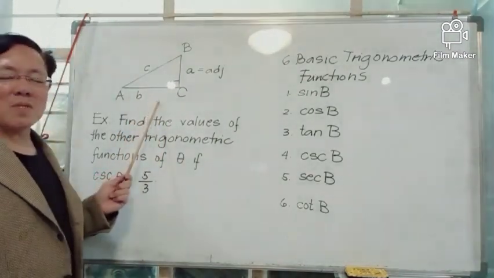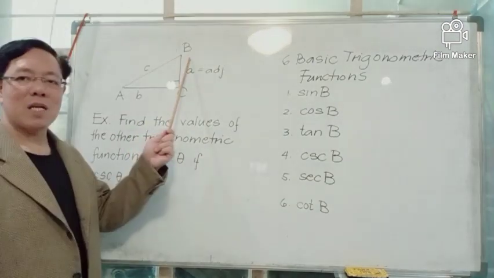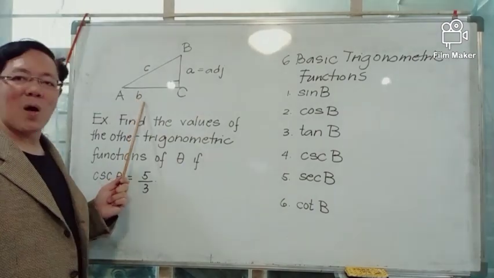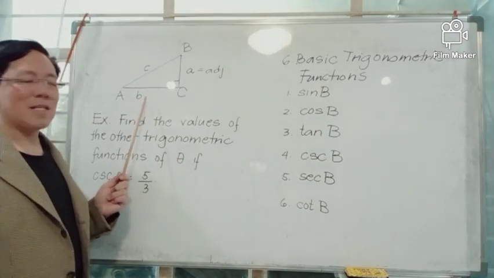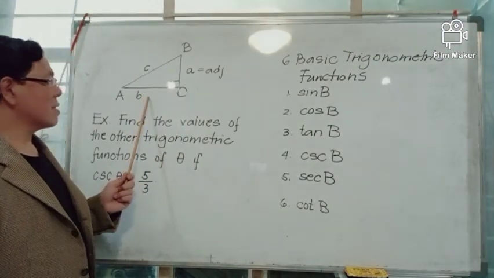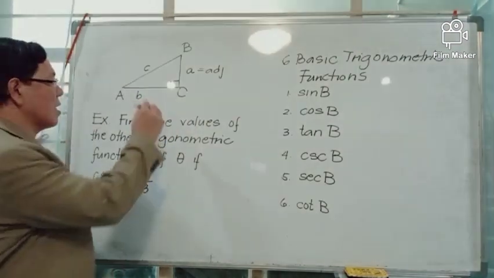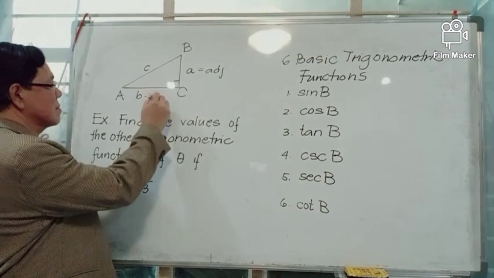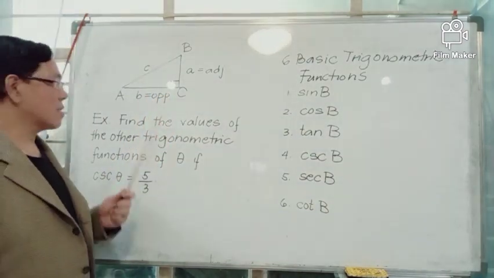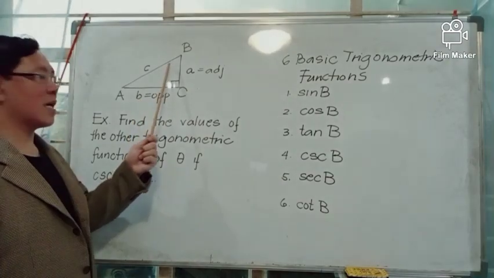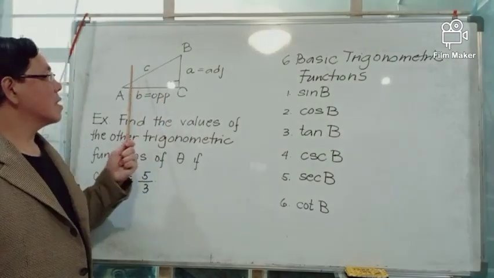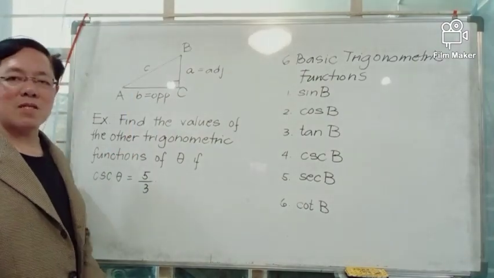And the side opposite the acute angle B of this right triangle is the small letter b, the side through the vertices A and C. And this is the opposite side. You can see this side, small b, is not connected to the acute angle B. And the hypotenuse is still small c.